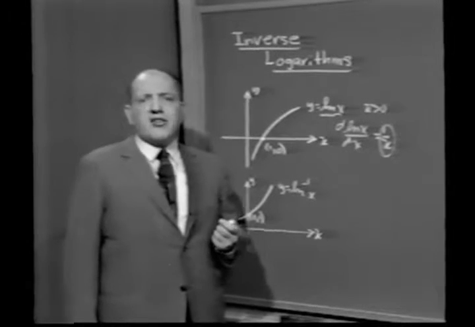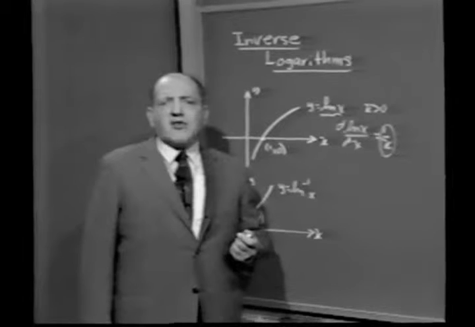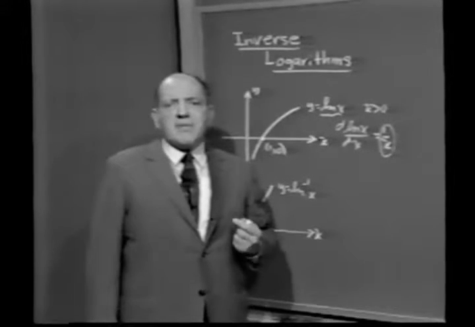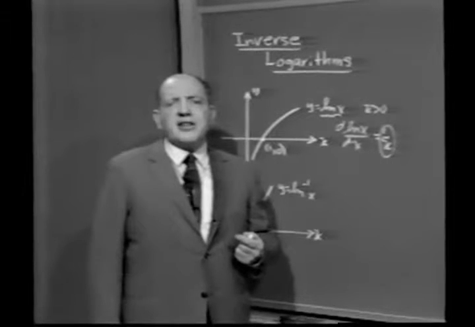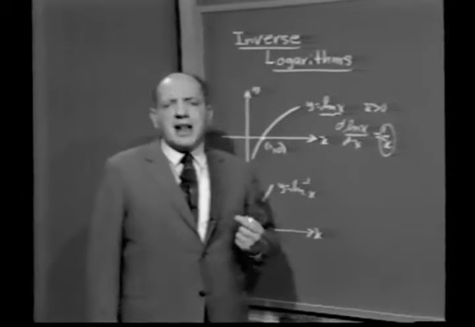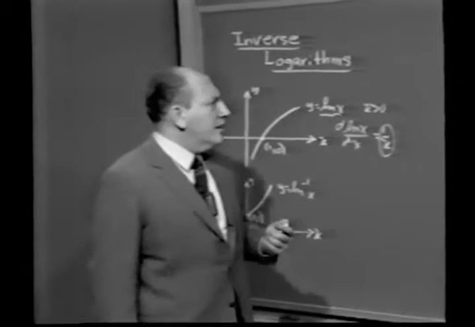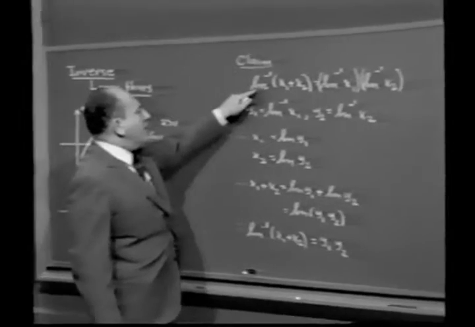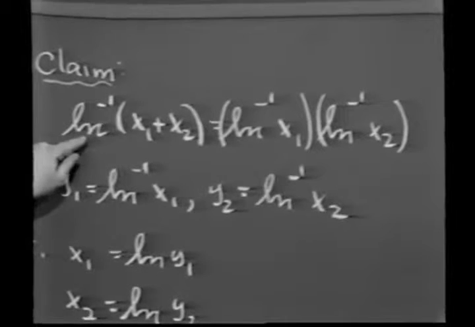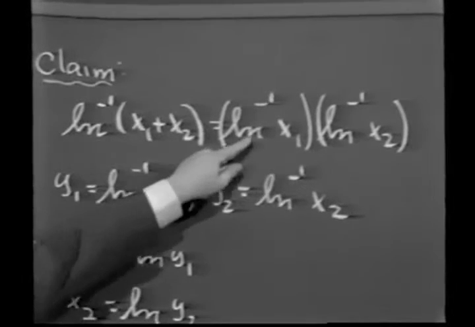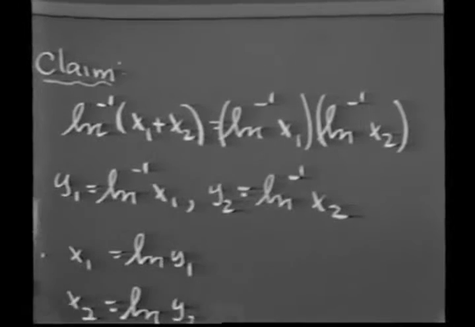Well, by way of illustration, if the function natural log had the usual logarithmic property, we would suspect that its inverse should have the usual exponential property. Now, what is the usual exponential property? The exponential function is characterized by the fact that f of x1 plus x2 is f of x1 times f of x2.